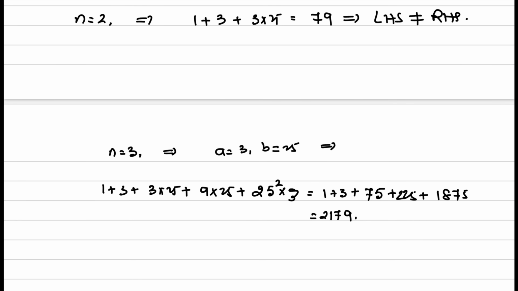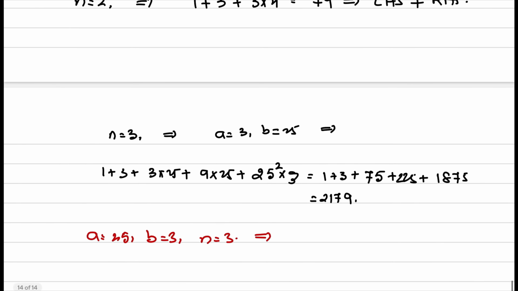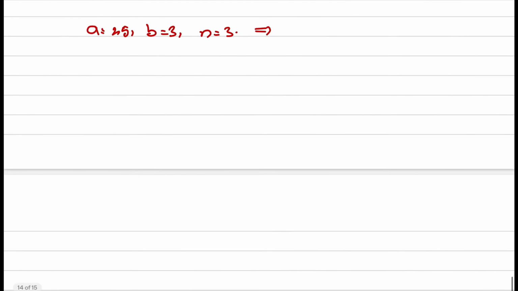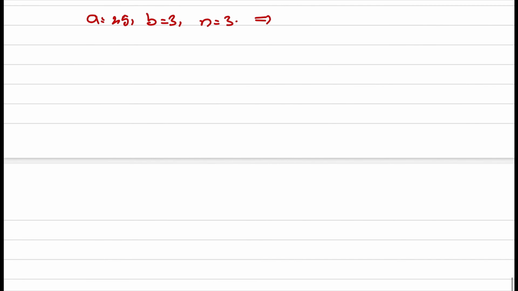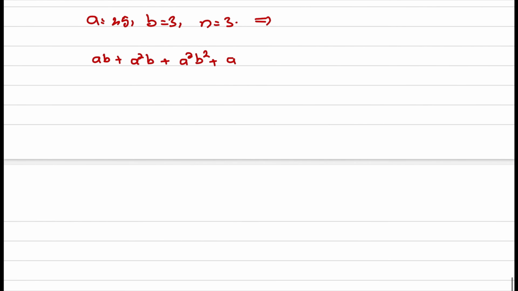For example, we reverse the values. A is equal to 25 and B is equal to 3 and N is equal to 3. What happens? AB plus A square B plus A square B square plus A cube B square plus A cube B cube should be equal to 570075.